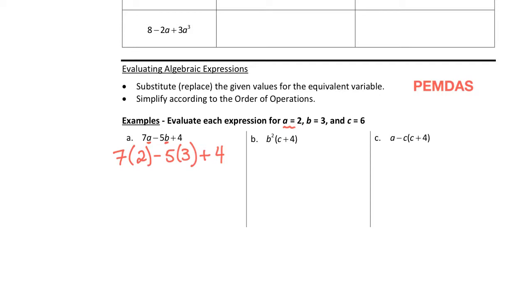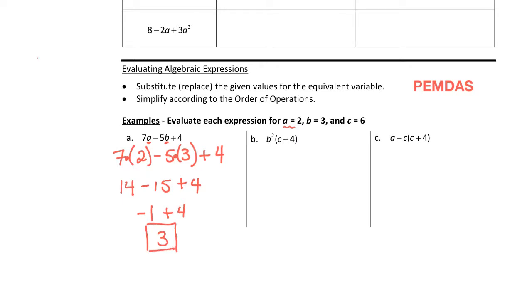So whenever you see problems like this, it actually means there's multiplication between the variable and its coefficient. So what this means is I've got 14 minus 15 plus 4. 14 minus 15 is negative 1 plus 4, and then negative 1 plus 4 is 3. So my final answer is 3.